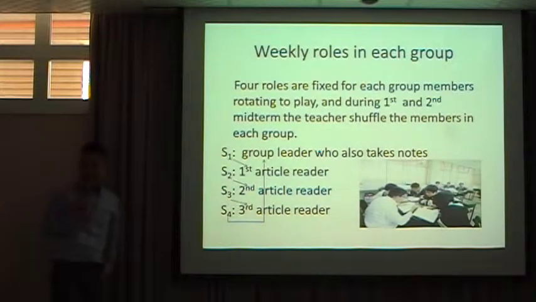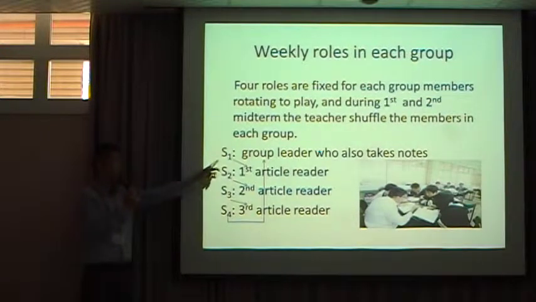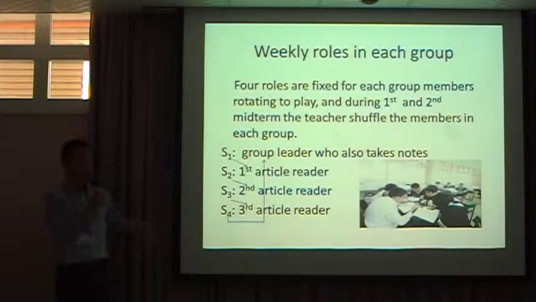Weekly rules in each group. 4 roles are usually fixed for each group, with members rotating to play them, and after the first and second midterm exam, the teacher shuffles the numbers in each group. Student 1 should be the group leader who also takes notes. So he or she doesn't need to read before the discussion.